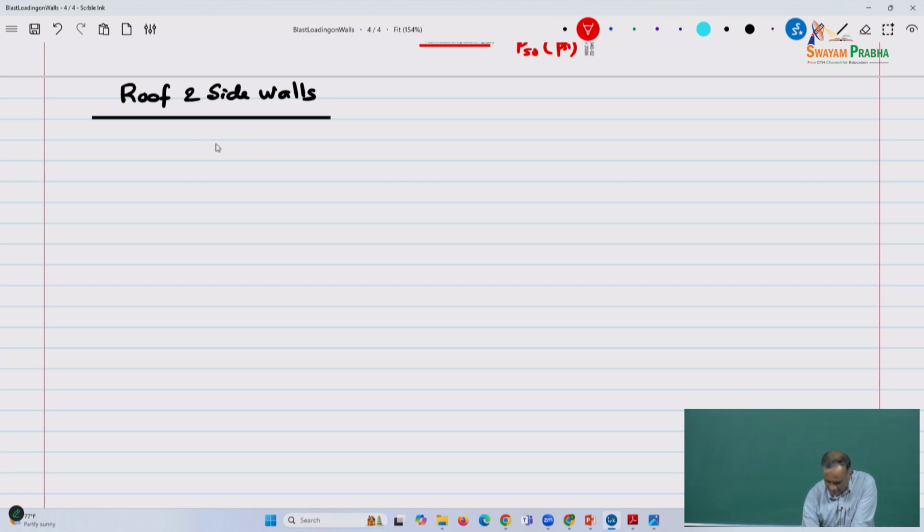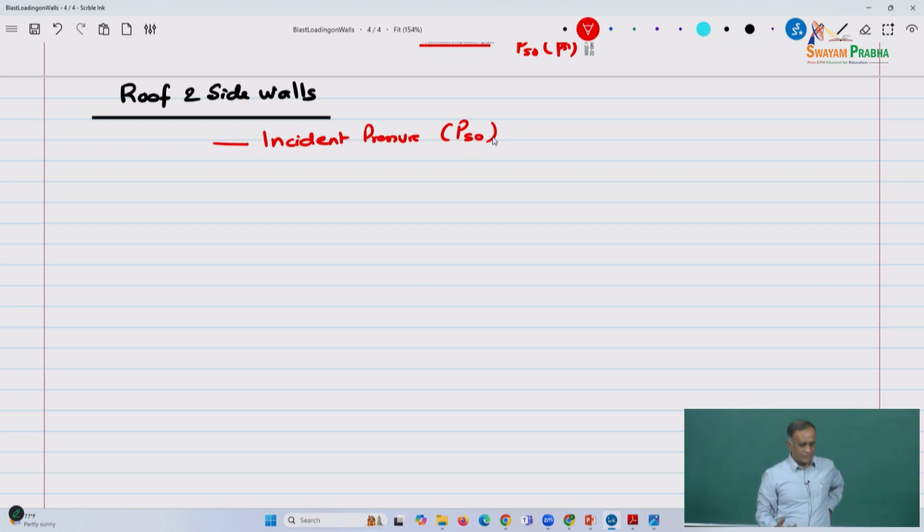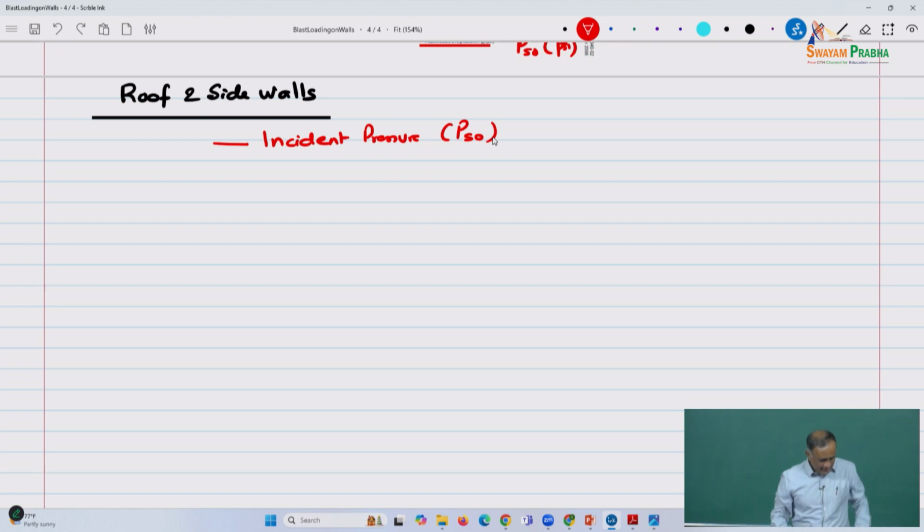Some basics before I bring in a picture. This pressure uses the incident pressure or the side-on pressure. That's why in the case of buildings they call it side-on, because it is applied from the sides, but under normal circumstances you would call it PI.